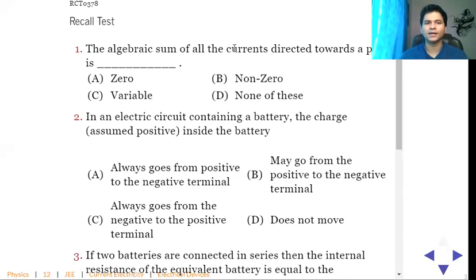Second, in an electric circuit containing a battery, the charge which is assumed to be positive inside the battery is, tell me.